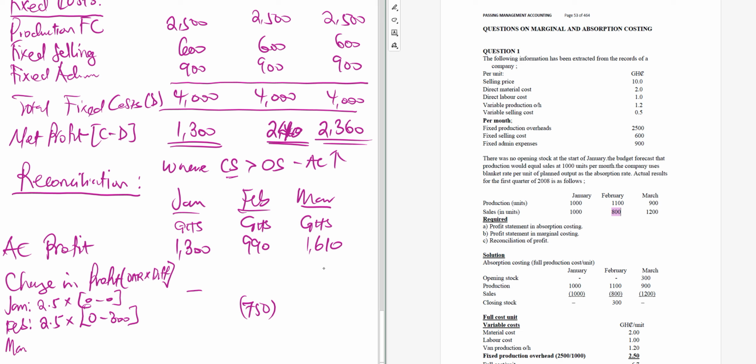Now when it comes to March, it's still 2.5 OAR, that's the fixed cost per unit. The change in stock was that there was opening stock of 300, but there wasn't closing stock, which will end up becoming what? 2.5 by the same 300, which is still the same 750, but this 750 is more.